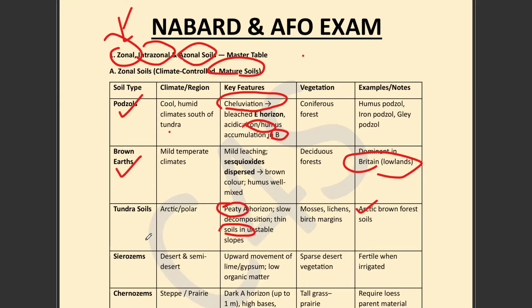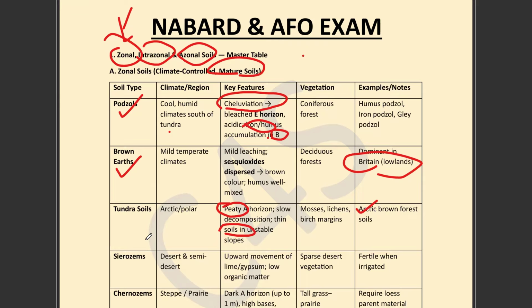Next comes desert soils, which you can see in desert or semi-desert areas. Since the soil is dry in nature, there is an upward movement of lime or gypsum. Why? Because there is no percolation happening.